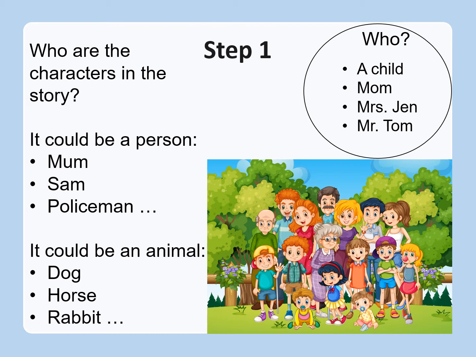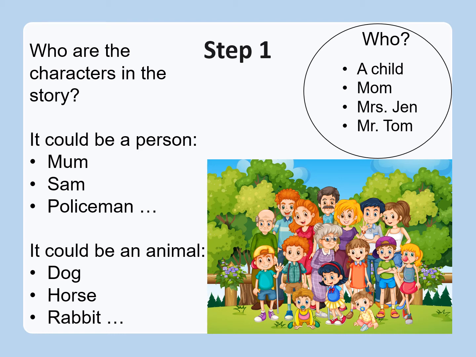One thing that's important for us to know is who are the characters in the story. It could be a person like mum, dad, brother, sister, auntie, policeman, fireman, doctor, or it could be an animal. Sometimes in stories you have animals that are also the characters.